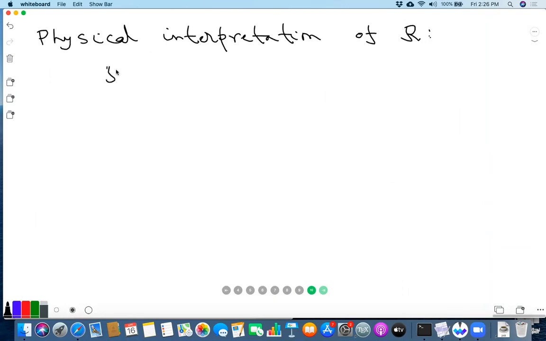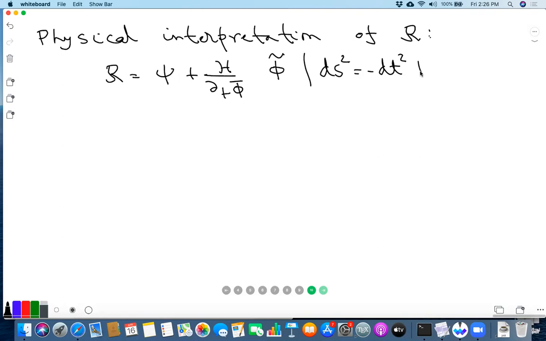So let me remind you that R was a combination of psi plus H over del T phi bar times phi tilde. And let me also remind you how psi appeared in ds square. Maybe I'll write down the full metric now itself.